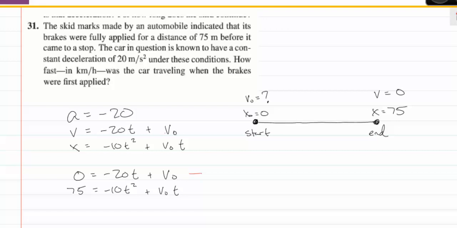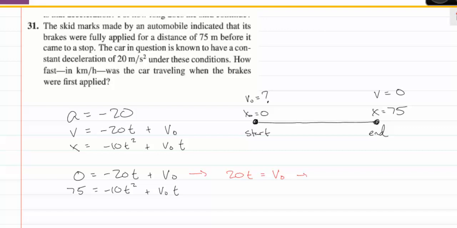Okay, so for example, in the first equation, you've got 20t equals v naught, and let's go ahead and get t by itself.